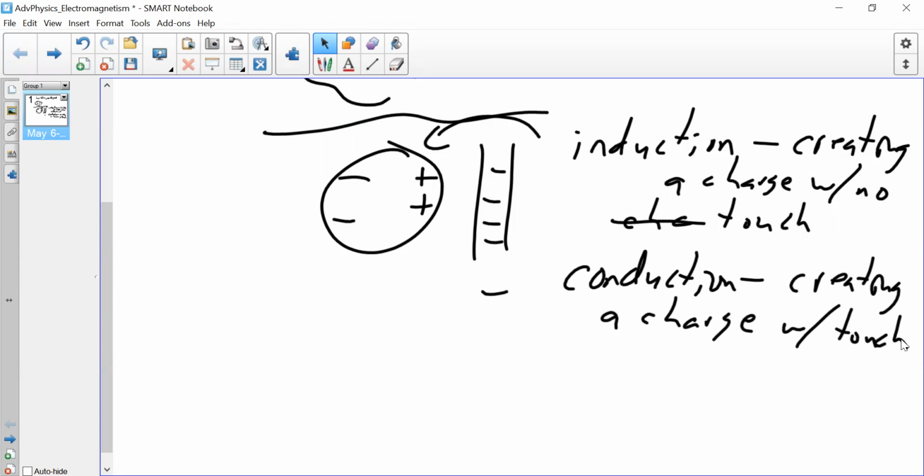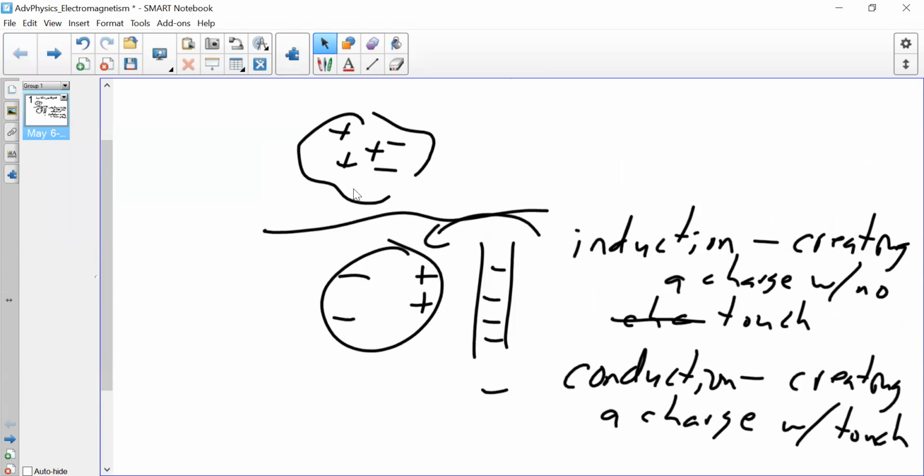Polarization is like now we have induced these poles to come towards each other. So when we polarize something, this was once all scattered positives and negatives all over the place, right? Just all over. Neutral.